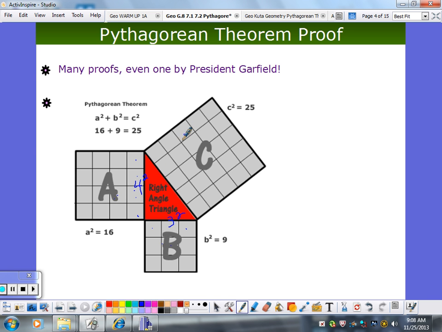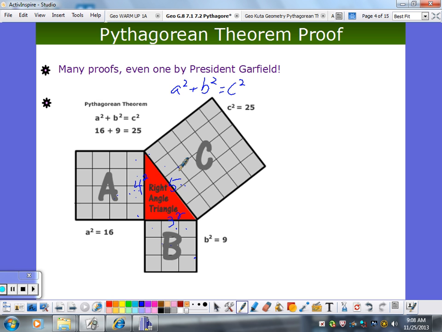How many boxes do you get? Well, what's 16 plus 9? 25. So here's my 25 boxes, and I arrange them as a 5 by 5. What's the square root of 25? That's the 5. So a squared plus b squared equals c squared. We just kind of proved it by looking at the boxes that represent the numbers.